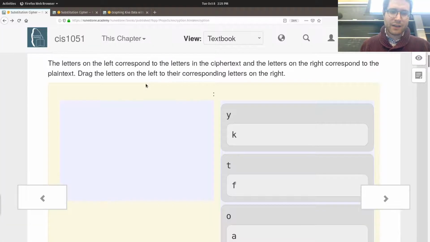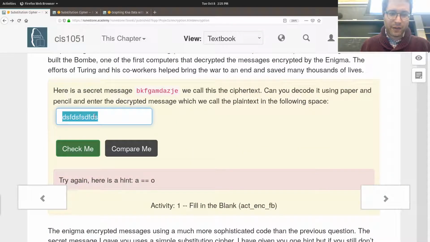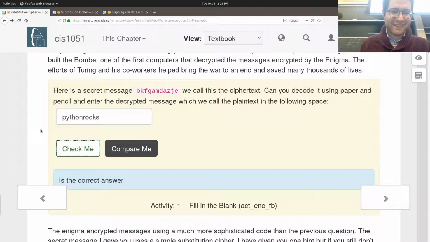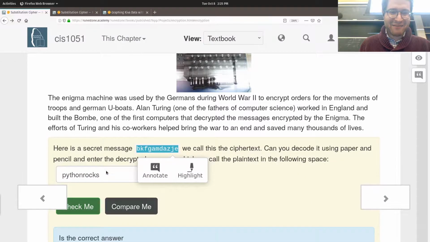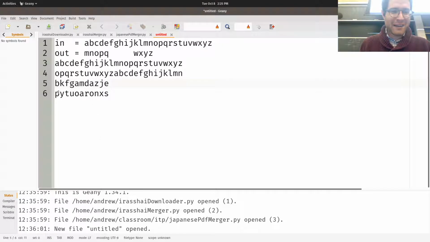I know what the answer is because I solved it this morning. The way I knew is that it was PYT, and I thought, it's a Python class. They're spelling Python rocks, aren't they? I'm not sure where I'm lining it up wrong, so if you can figure that out, please let me know.